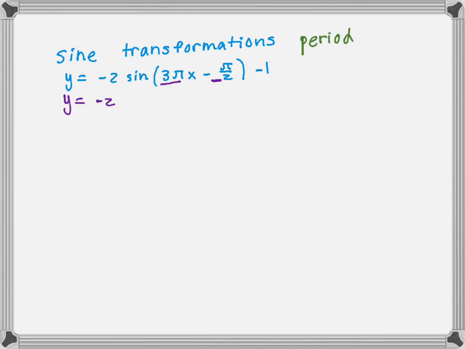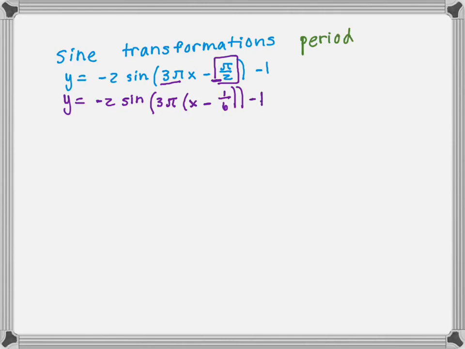So y equals -2 sine, and then I'm going to pull out a 3 pi from the x so we can get k. So we know that k is going to be 3 pi. And now we're going to multiply by x, and then we have to pull out a 3 pi from this pi over 2. So we have x minus, and then if you pull out a 3 pi, that's going to give you 1 over 6, and we still have the -1.